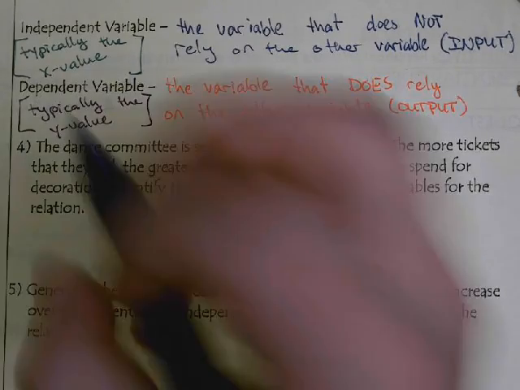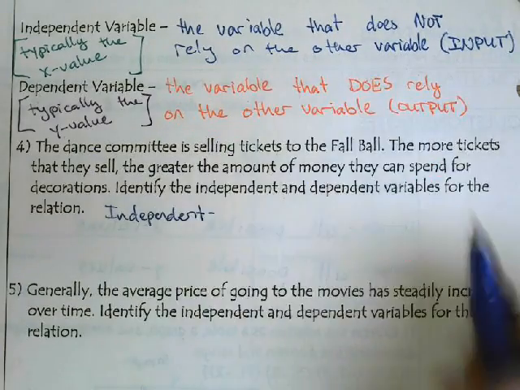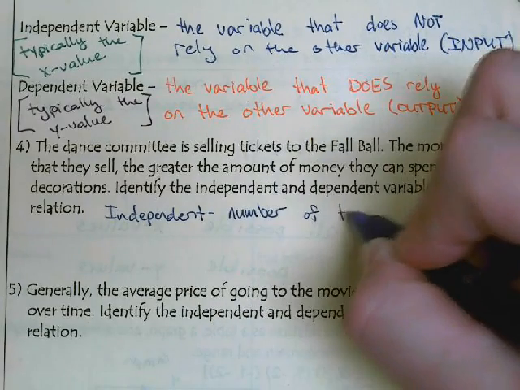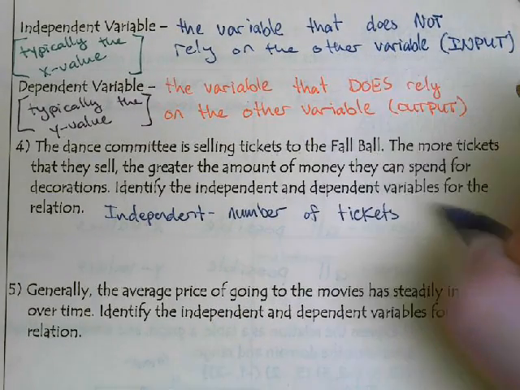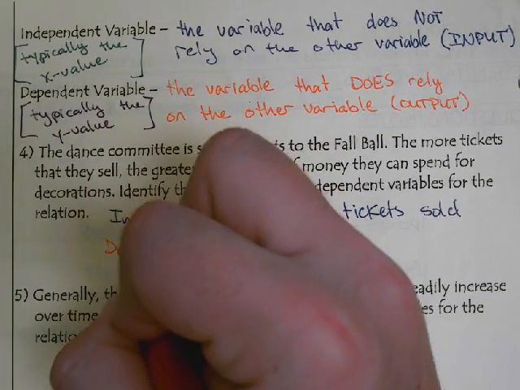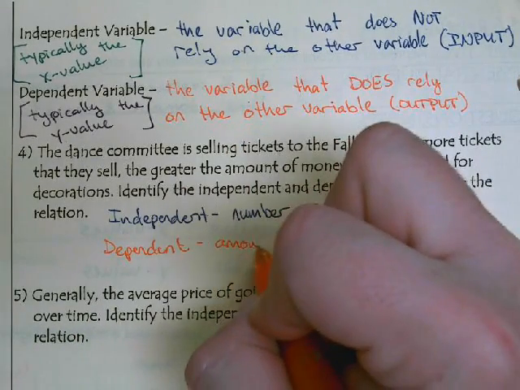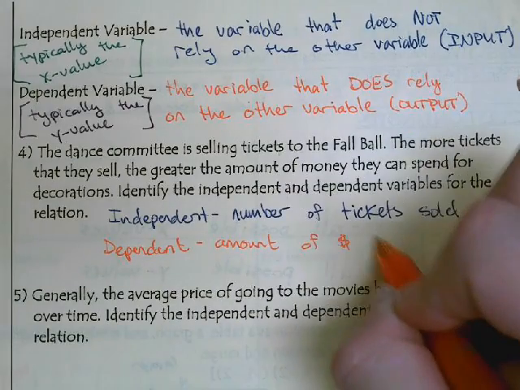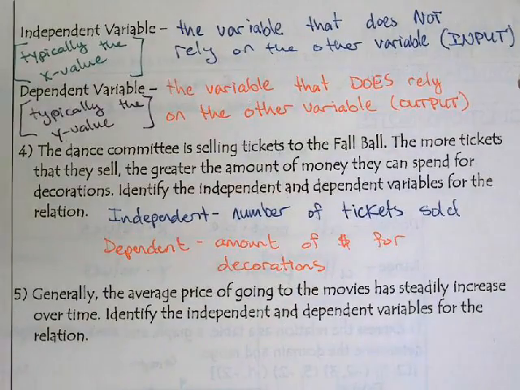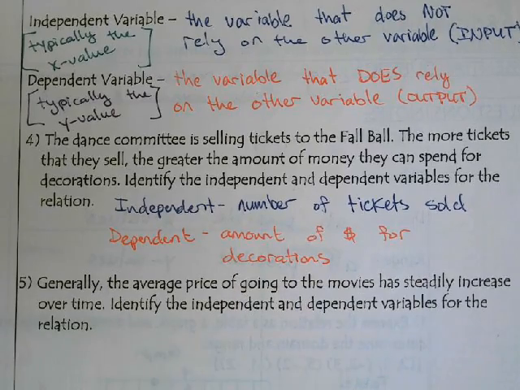So we'll say that our independent is the number of tickets sold, and our dependent is the amount of money for decorations. So we need to know how many tickets we sold. We need to sell tickets to have money for our decorations.